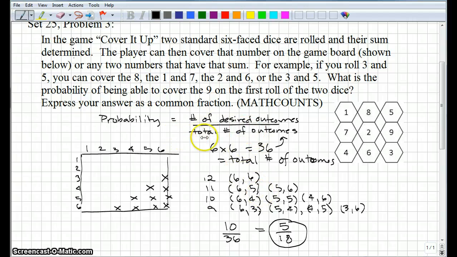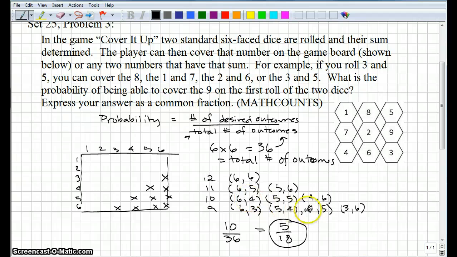If we calculate the total number of outcomes in this way, taking 6 times 6, then here we're counting say a 3 and a 1 as being different from a 1 and a 3. So if order matters when we count the number of total outcomes, then order has to matter in the numerator as well, the desired outcomes.